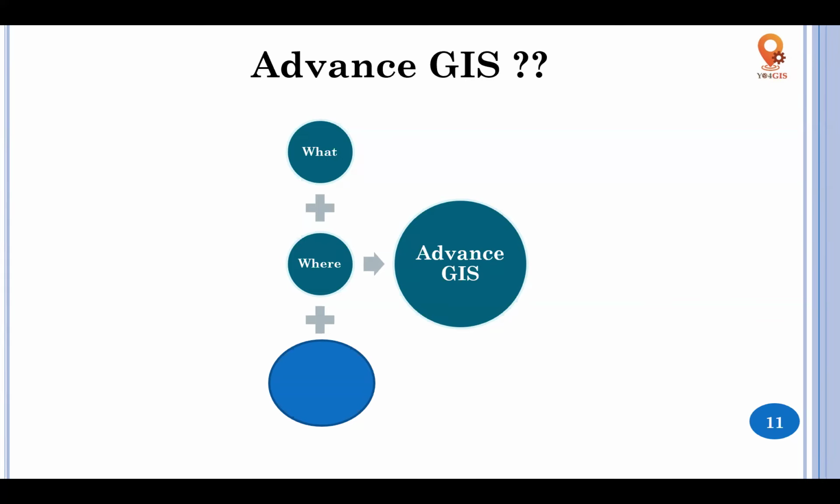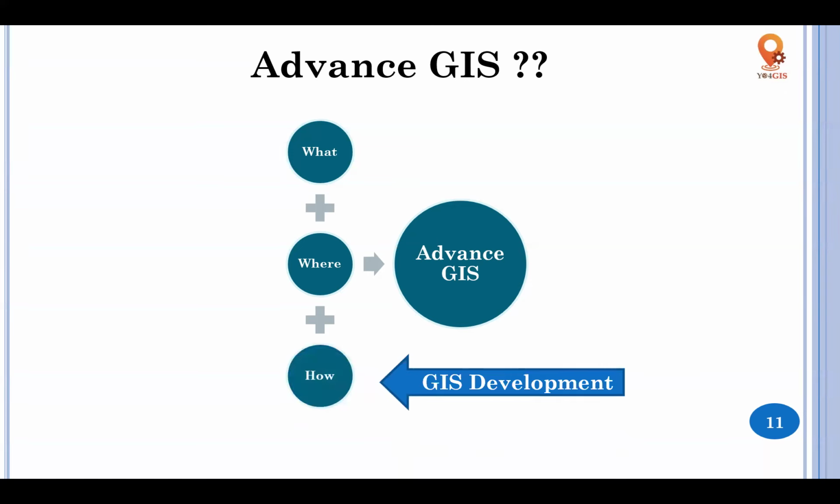The answer to that kind of question we will get in GIS development, or that type of answer we will get in advanced GIS. Advanced GIS is nothing but a part of GIS development. So using that, we can quickly get the statistics, and based on that, we can quickly take decisions.